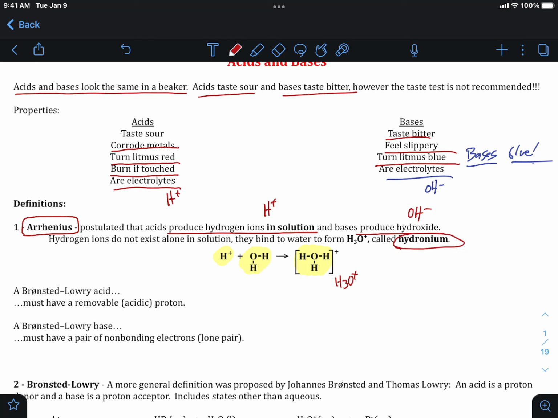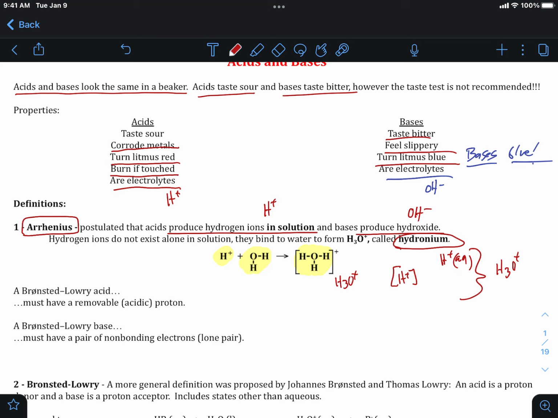It's called hydronium. And this is always the case in aqueous solution. If there's an acid present, it's actually in the form of H3O+. So when you see problems where they mention the H+ concentration, or H+ aqueous, really, at the end of the day, what's happening is it's H3O+. Okay?